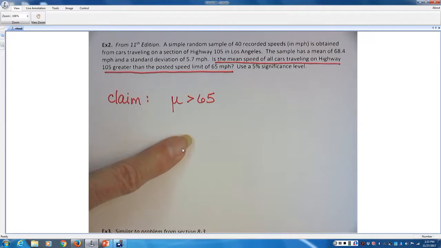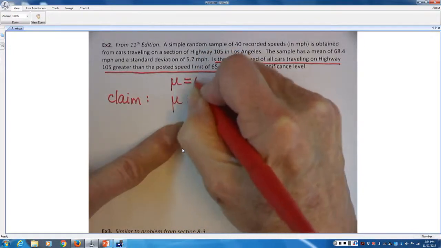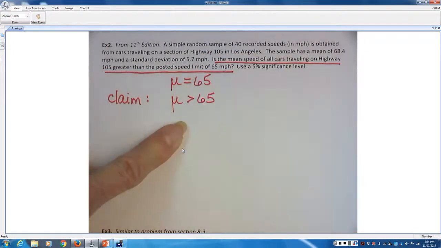You're not supposed to go more than 65 miles an hour. You're not supposed to go significantly less than 65 miles an hour either. Okay? But they're saying the speed limit here is 65 miles an hour. Okay? That's what the sign says. We're testing this because we're testing a claim that the mean is more than that.